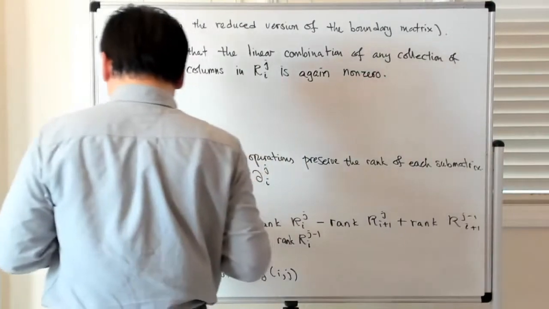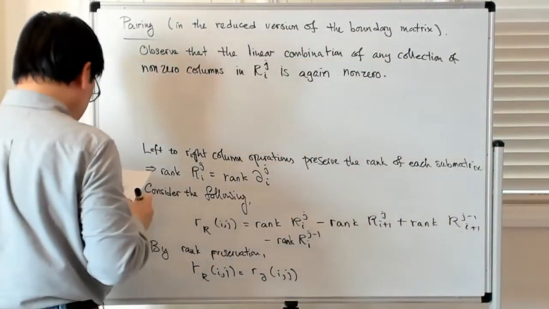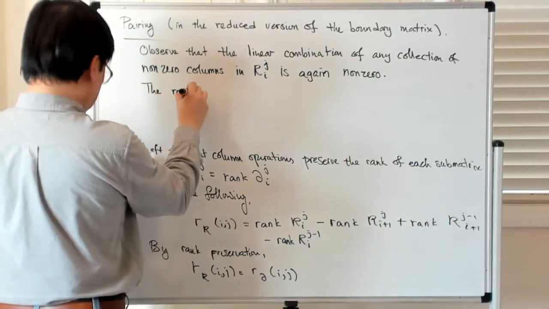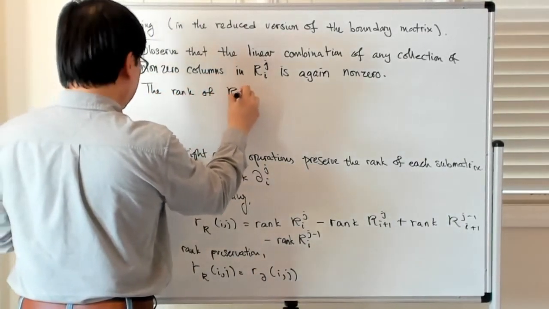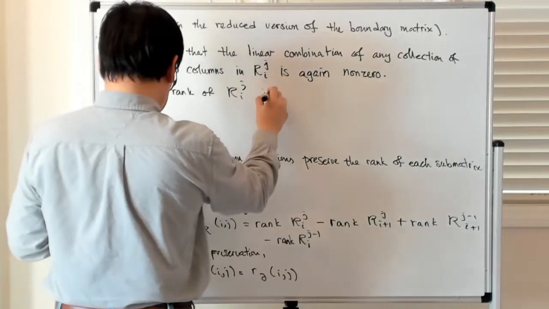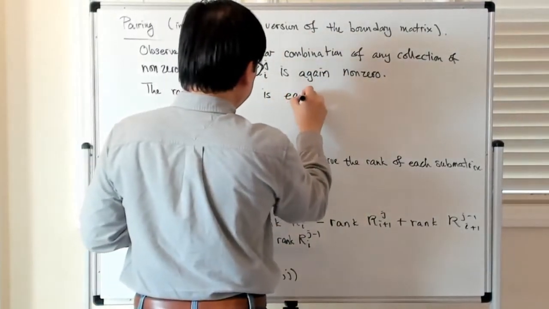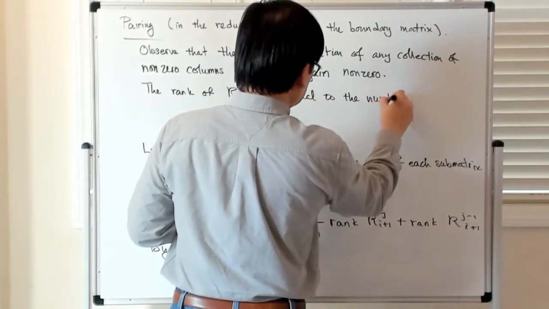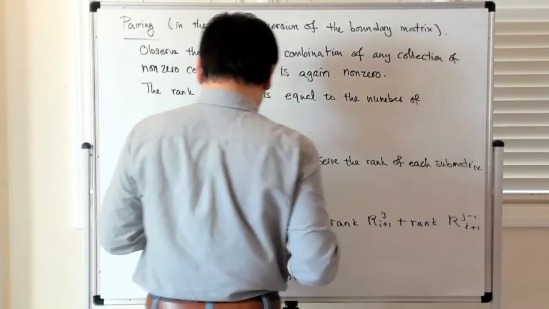What this means is that the rank of R_ij is equal to the number of non-zero columns.